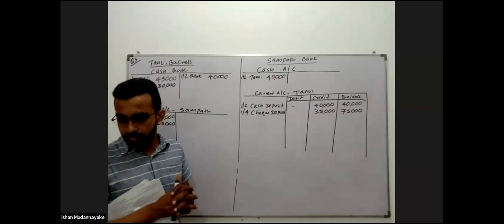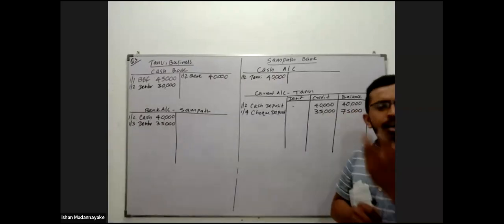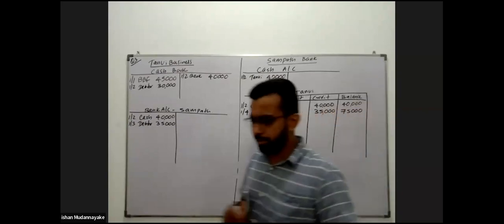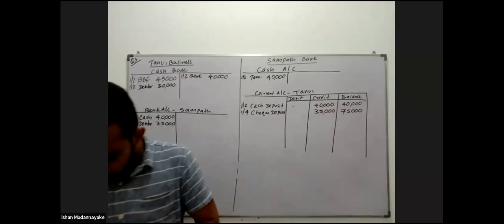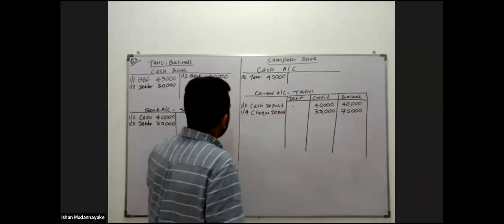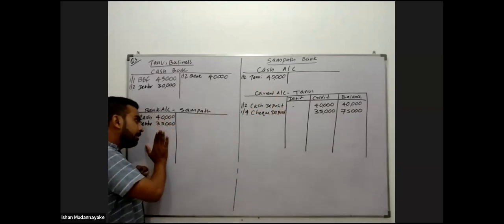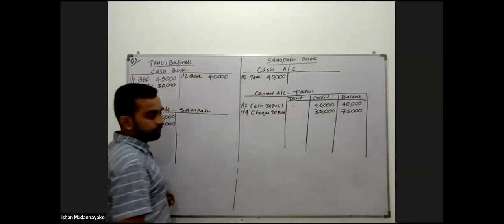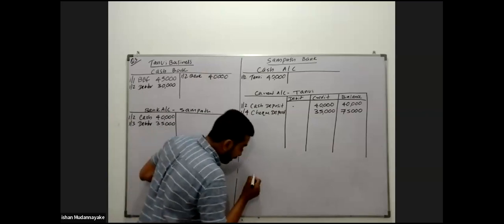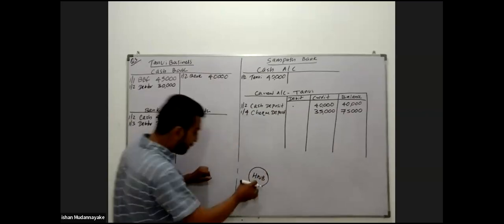Yes. Lesson 5. Then students, what do you mean by realized date? Realized date means cash received date. Actually, realized date means, after depositing this check in the Sampath Bank by Thani, they say Thani received a check from HNB Bank.